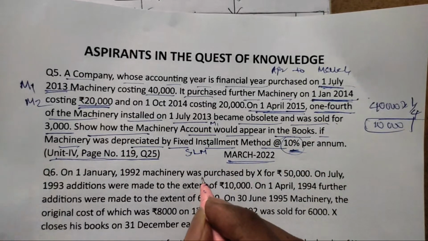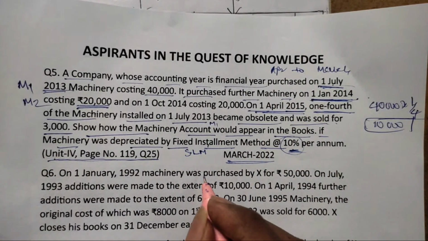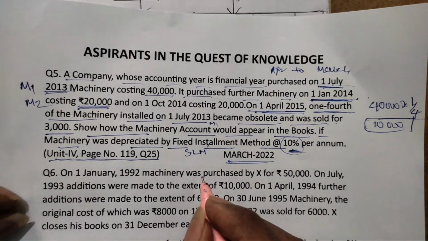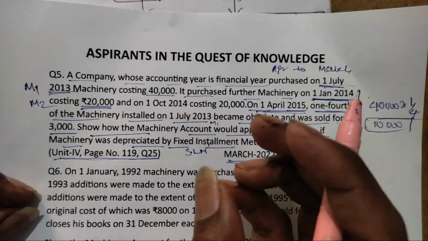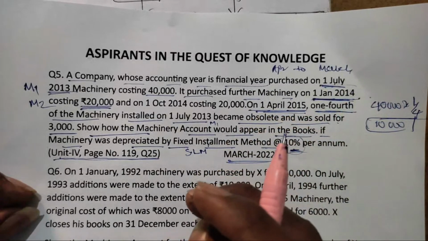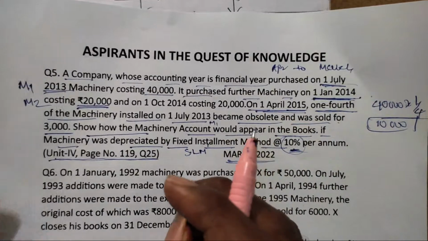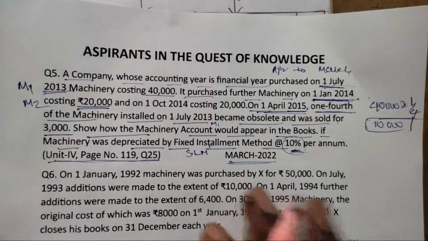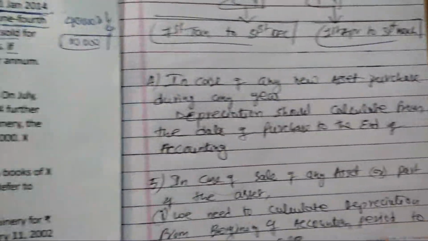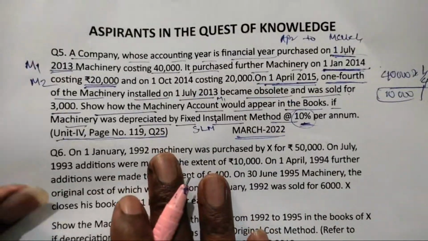So first we need to calculate depreciation as a working note, and calculate profit or loss on sale of asset. If you do these two working notes, we can easily solve the problem. Be careful with the dates also. These dates are very very important.